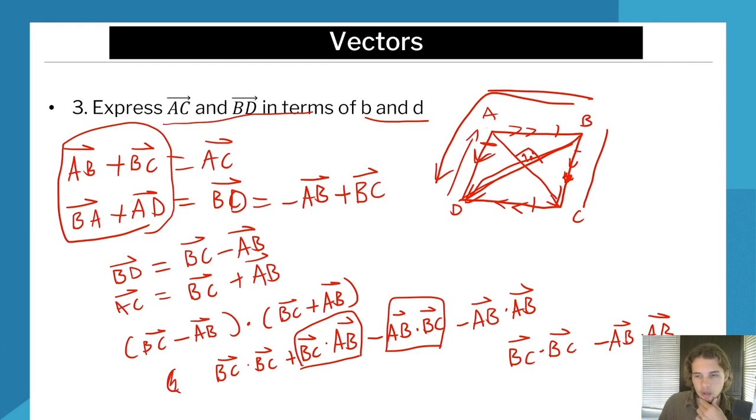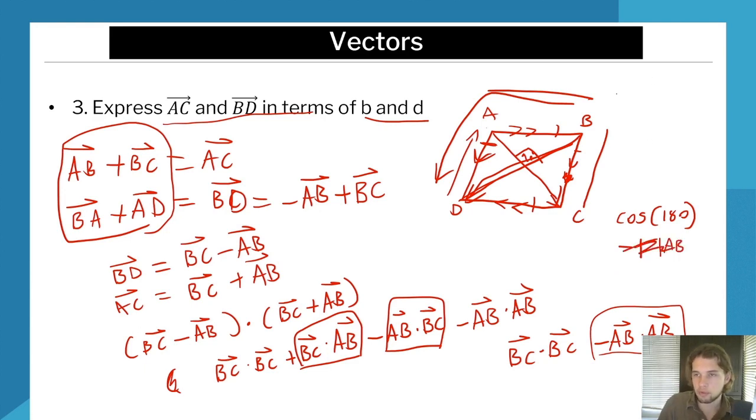Now, when we do the dot product, we end up with a magnitude. The angle between A to B and A to B, since these are actually opposites, is cos 180, which is negative 1.